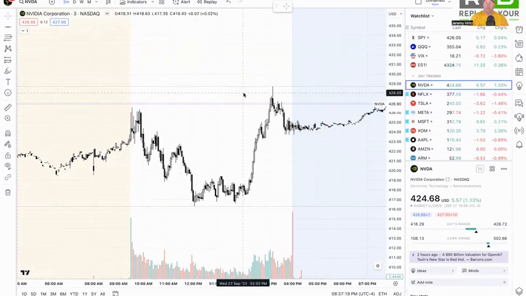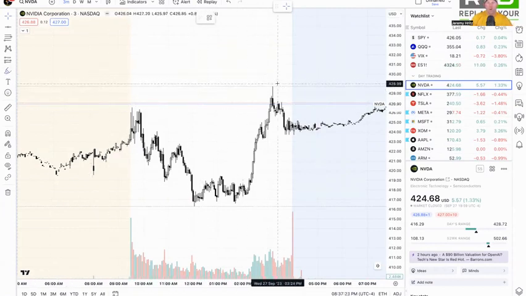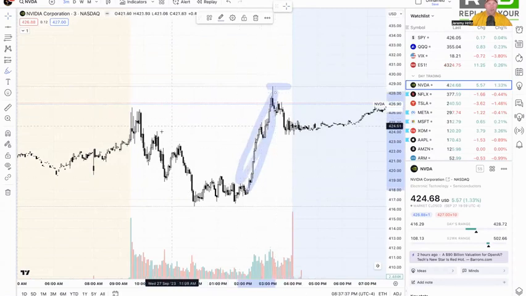So we would say that the trend on this day was overall more bullish because we made this high here, and it really just made a strong move here at the end of the day. It cleared these highs from earlier in the day, so it did push higher. So you can make an argument that it's more bullish. I mean, you could argue that really the trend is neutral.